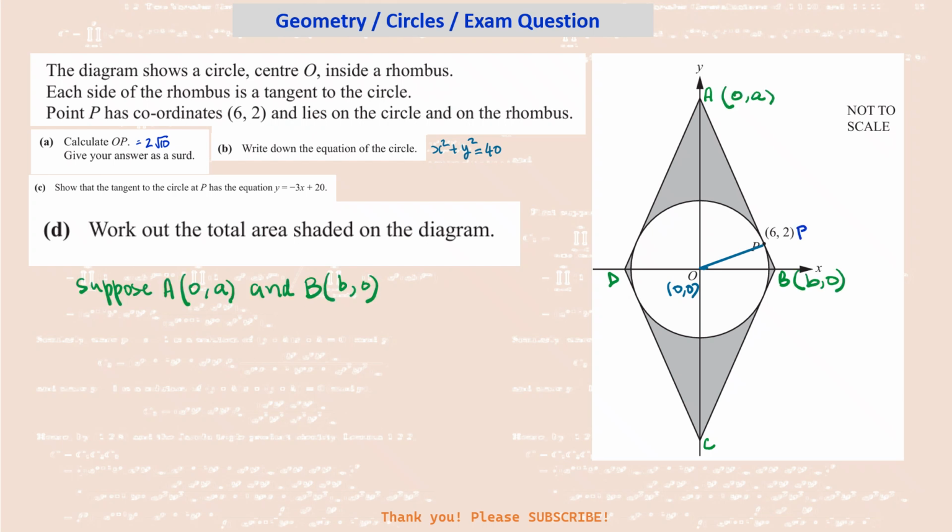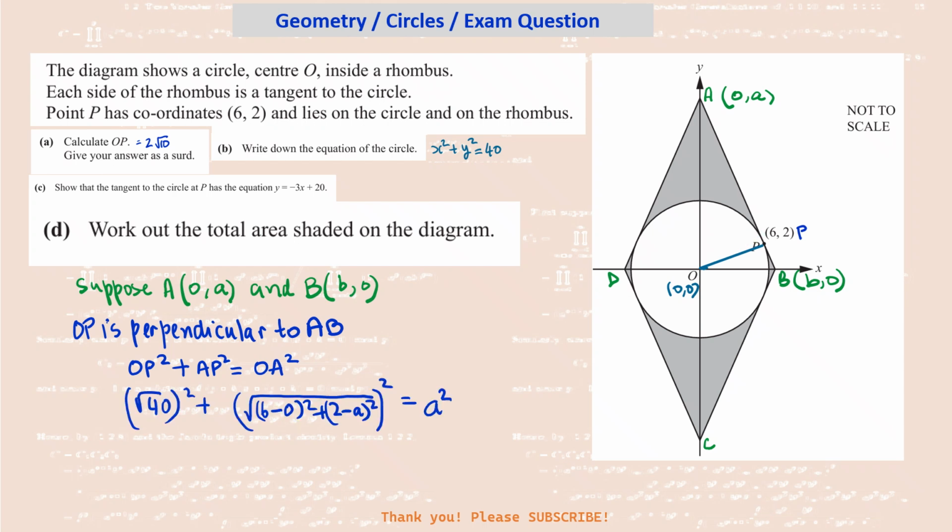So I named it ABCD, and suppose the point A is (0, a) and the point B is (b, 0), because A lies on the y-axis, B on the x-axis, and then OP is perpendicular to AB. So we can say, using Pythagoras' theorem, OP² + AP² is equal to the hypotenuse OA². And OP we know is root 40.